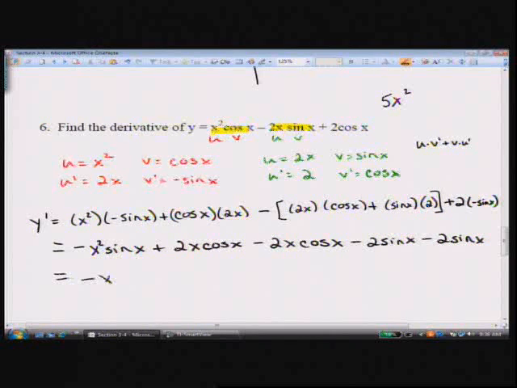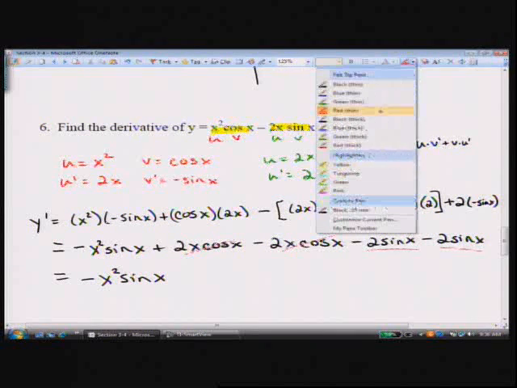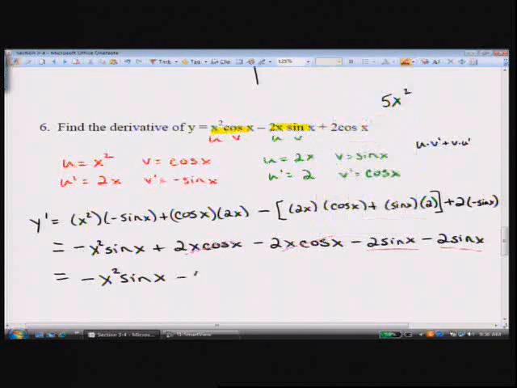He just stays there, negative x squared sine x. But it's kind of fun because the 2x cosine x and minus 2x cosine x, those are going to cancel, right? And then these are actually the same animal, so I can group them up. And I have negative 4 sine x. Happy?